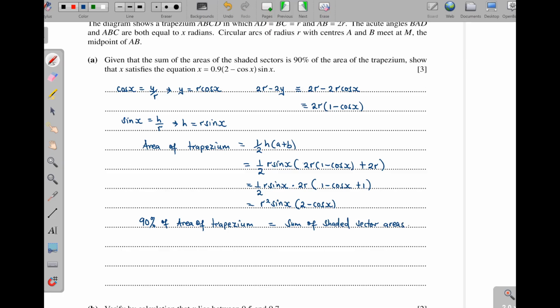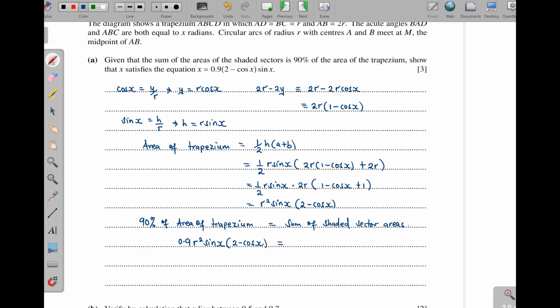Okay, now this is 90%. 90% is the same as 0.9. Area of the trapezium is this one here. So 0.9 r squared, then sine of x, and then 2 minus the cosine of x.